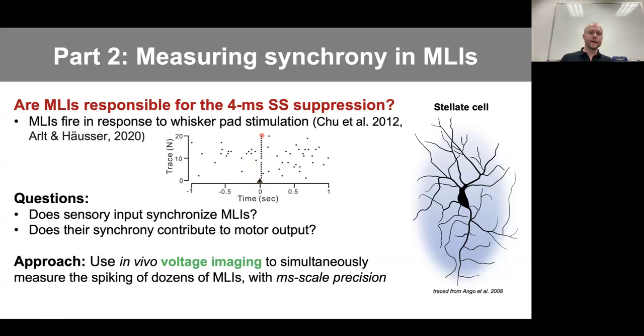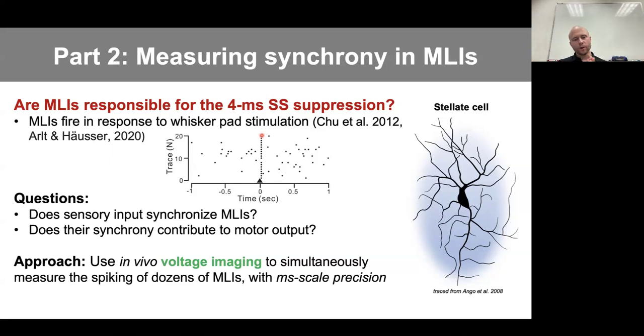And so, given this and our previous work that suggested that Purkinje cells were synchronizing their activity, we wanted to ask whether MLIs are also synchronizing their activity and whether this synchronous spiking that could be happening in MLIs is responsible for this 4 millisecond simple spike suppression. And further, if that is true, we wondered whether MLI synchrony might contribute to motor output.